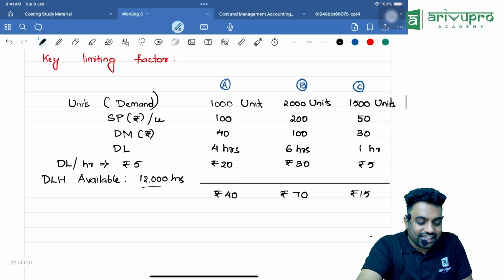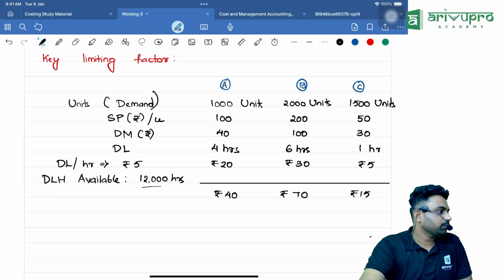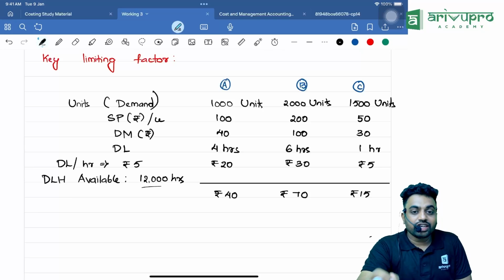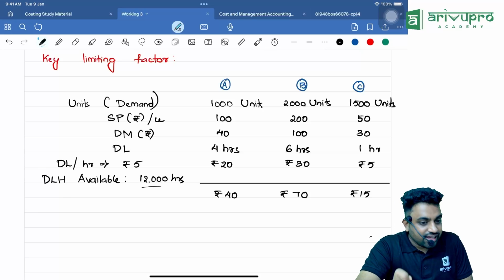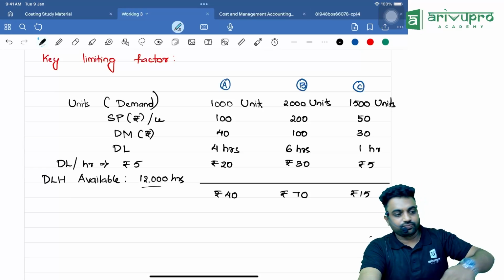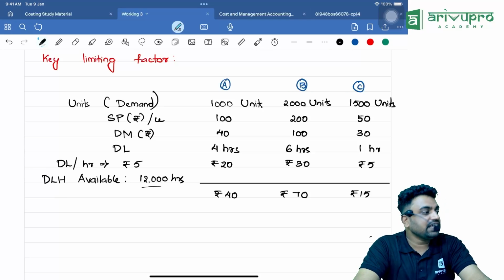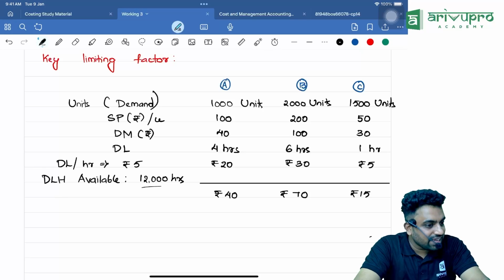Whenever it is a key limiting factor, contribution per unit is not going to help. Which means you should calculate contribution per unit of limiting factor. Here the limiting factor is labor hour.